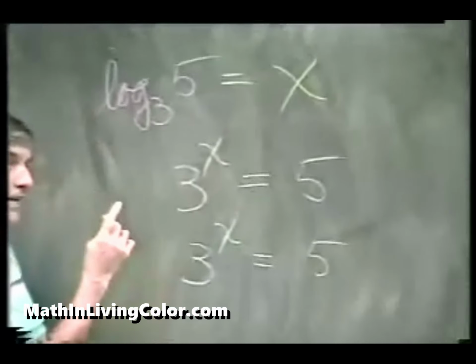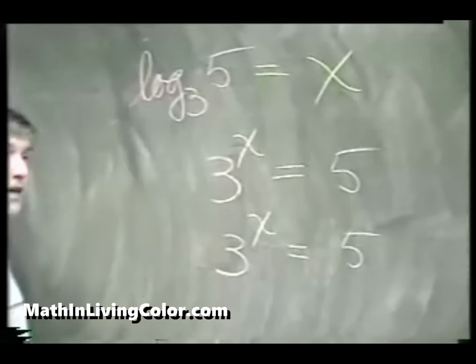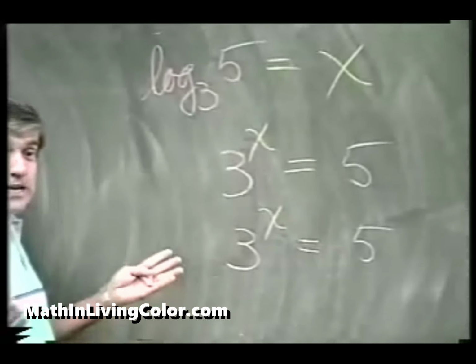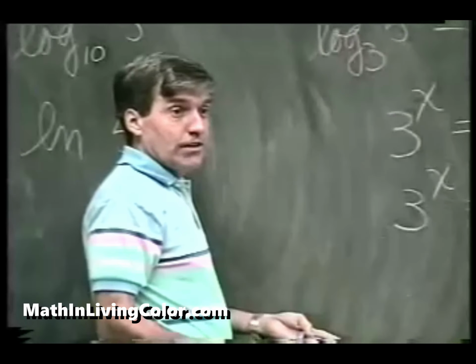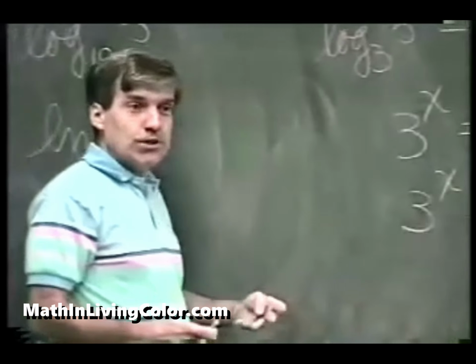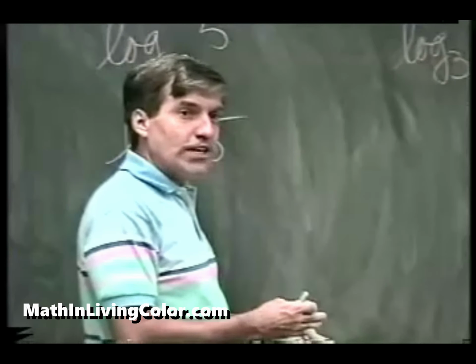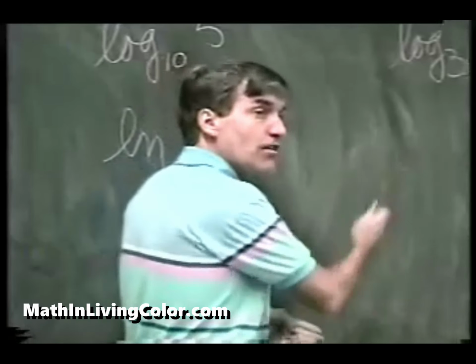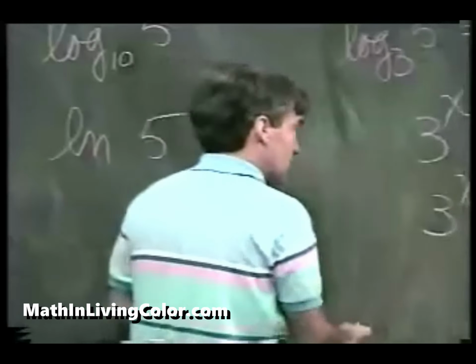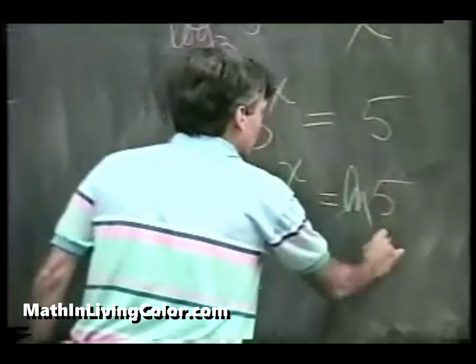And I want to take the log of both sides, or the ln of both sides. By the way, you can do either ln or log. I usually use ln because we use ln more in higher math than we do log base 10. But I want to go on record as saying that you can use either log of both sides or ln of both sides. So let's do ln of both sides.